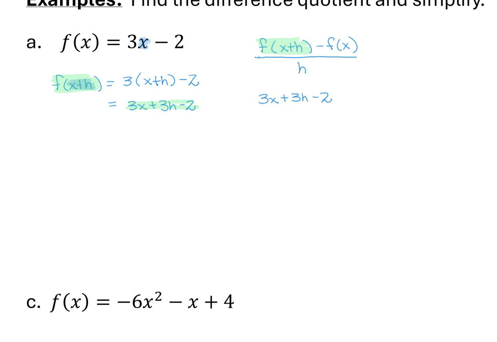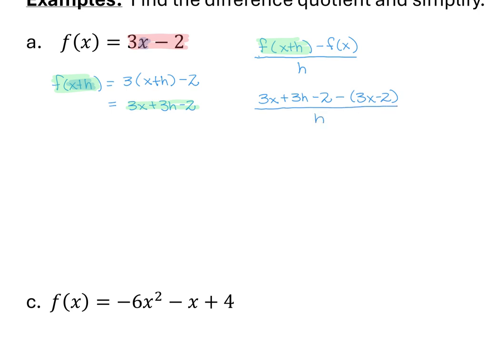After that, we want to subtract f of x. So we want to subtract this entire expression. And again, remember that we want to distribute the negative. And so we want minus 3x minus 2. We're going to put this whole thing over h.